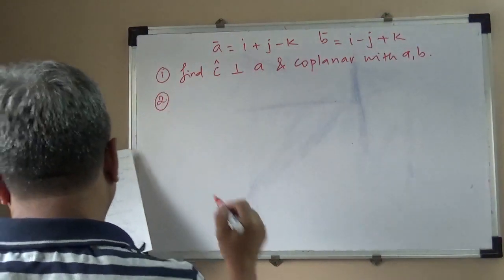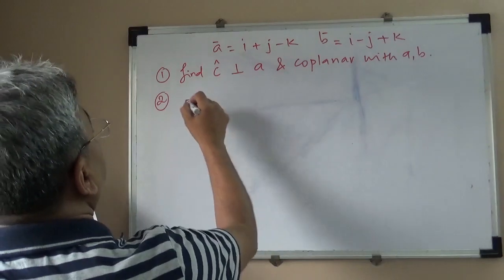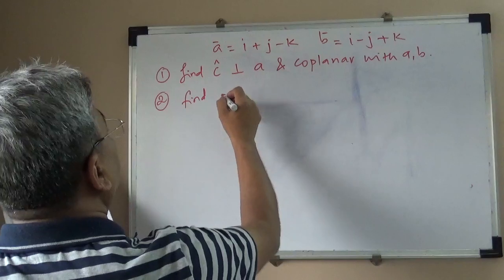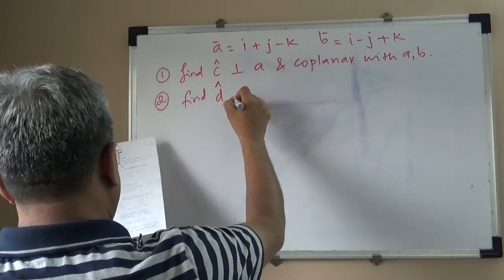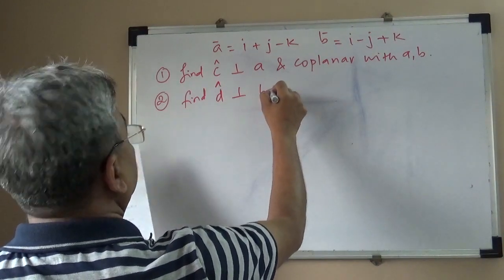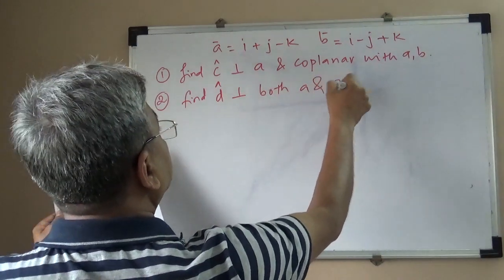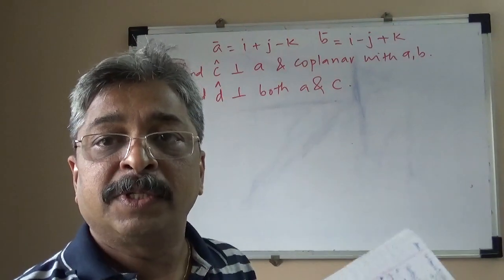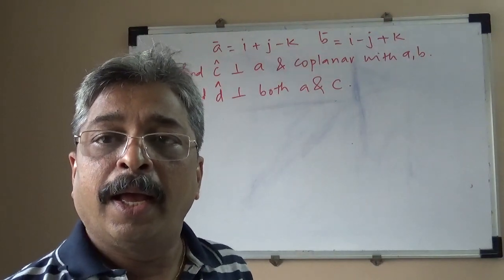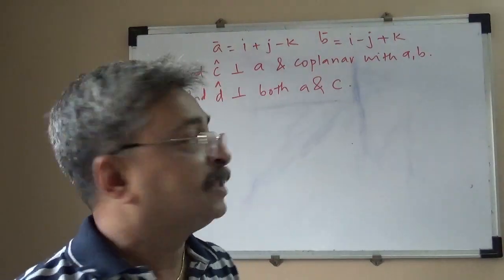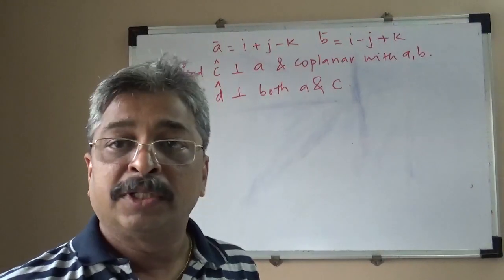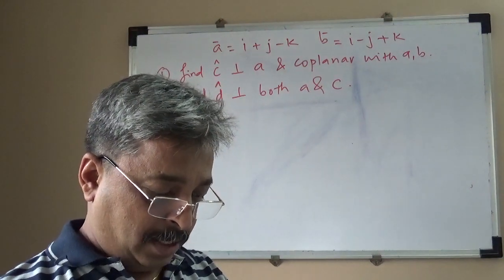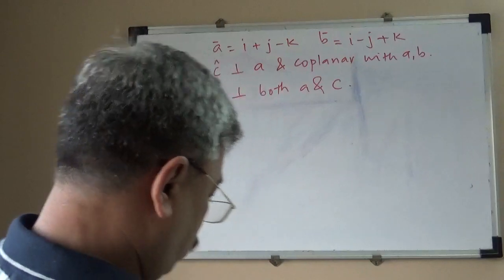And the second problem, also find unit vector D perpendicular to both A and C. So you try these problems, get the answers, and pause this video. Try these particular problems, see if you have understood dot product or not, and then let me show you how to do it.